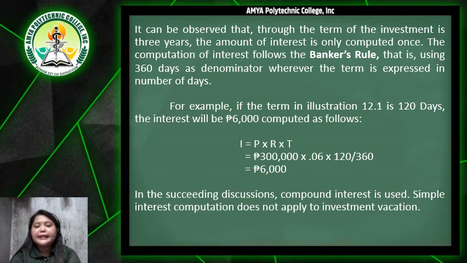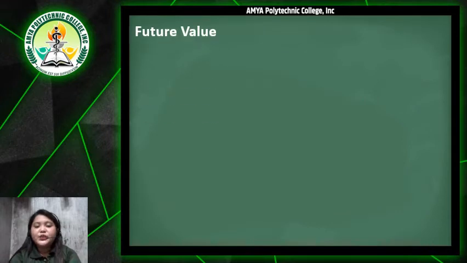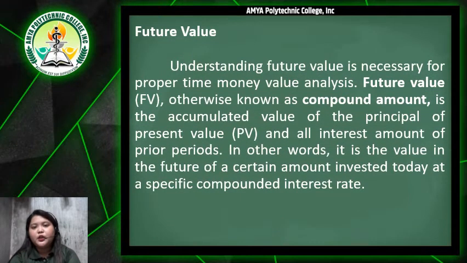In the succeeding discussions, compound interest is used and simple interest computation does not apply to investment valuation. So next we have the future value. Understanding future value is necessary for proper time value of money analysis.